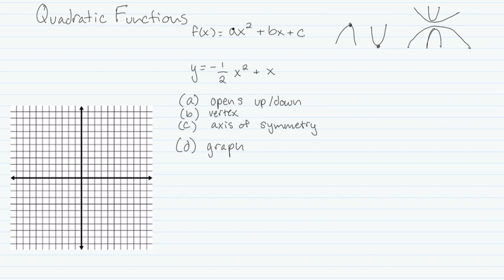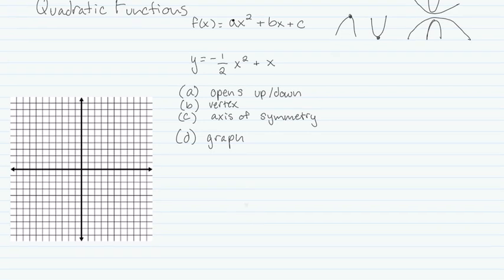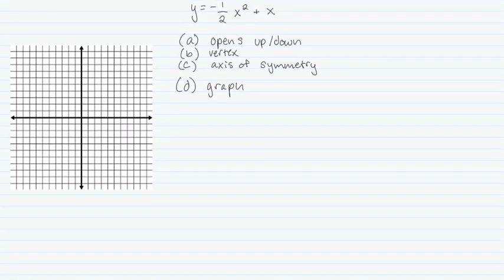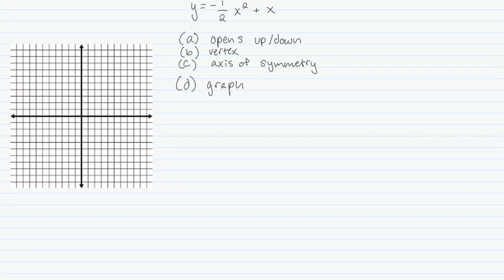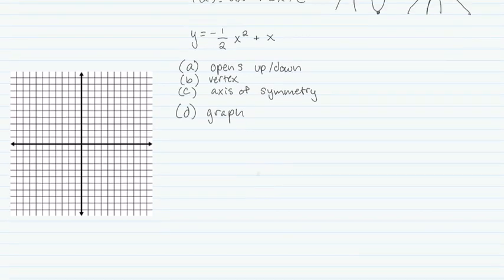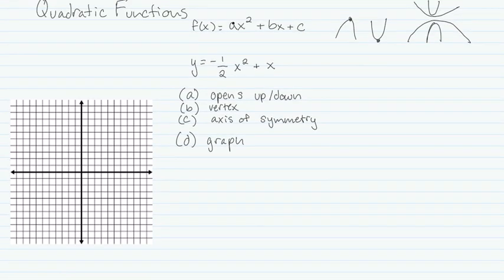So I'm going to walk through one example using y equals -1/2 x squared plus x, going over really what a quadratic function is. It's anything that can be written in this form. We did put one restriction on it, and that was that a could not equal 0. So we have to see the x squared term.